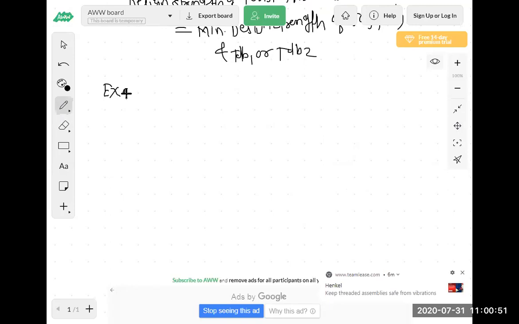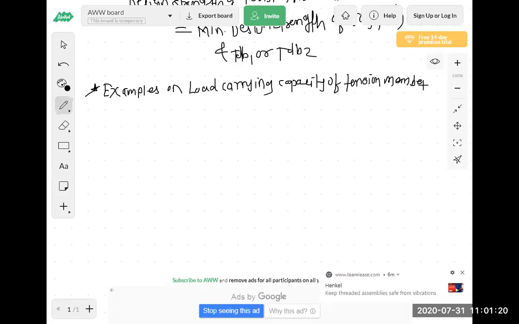So next is the examples on load carrying capacity of tension member.